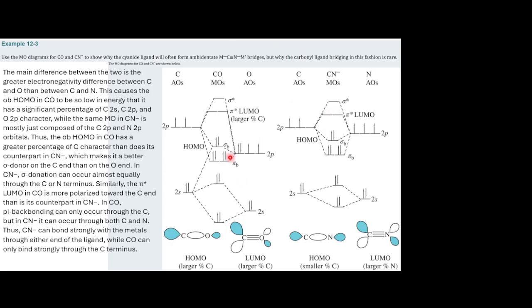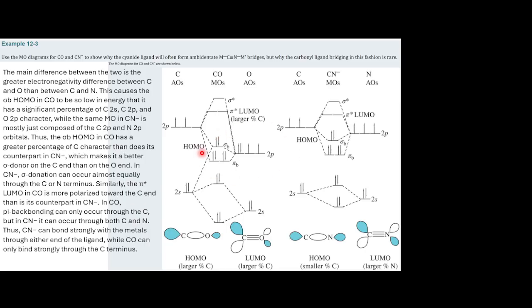Okay. So this right here is going to be your HOMO-LUMO set. Your LUMO set right here is going to have a pi character, so we'll have a pi bond type character. And over here we have a sigma type character, and this is our HOMO right there. Everybody okay with that?